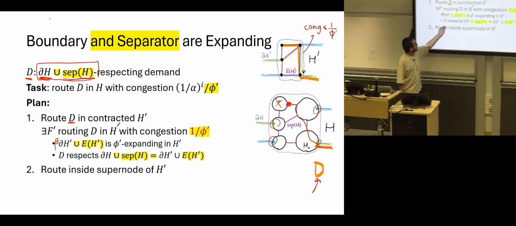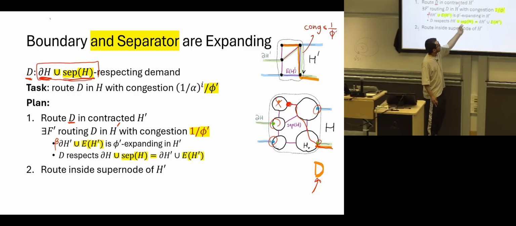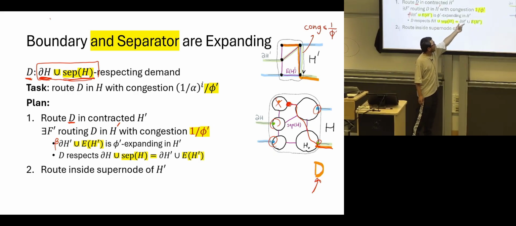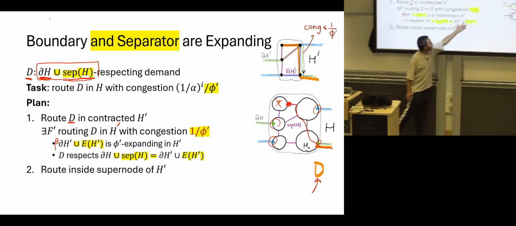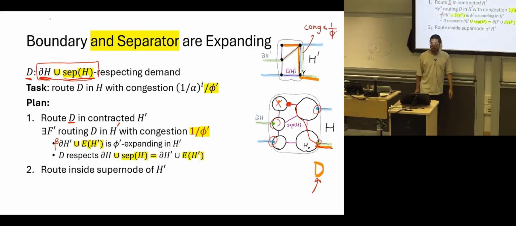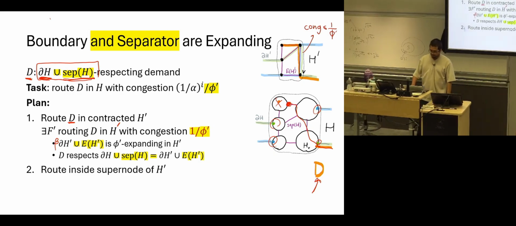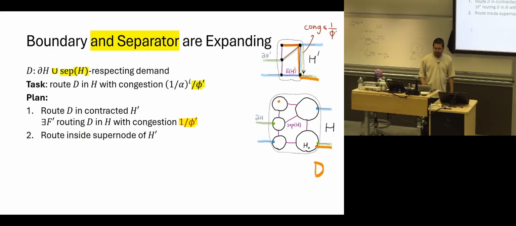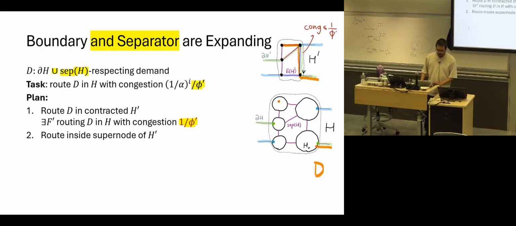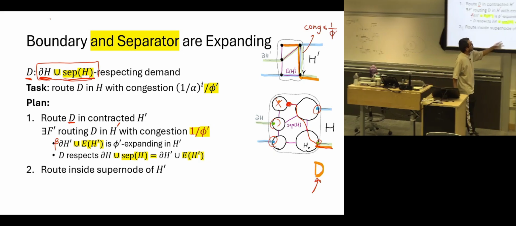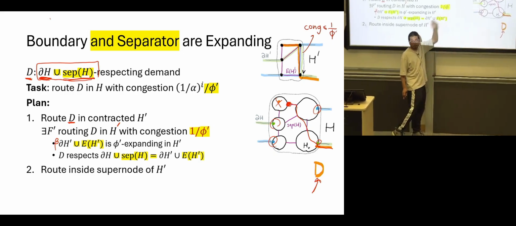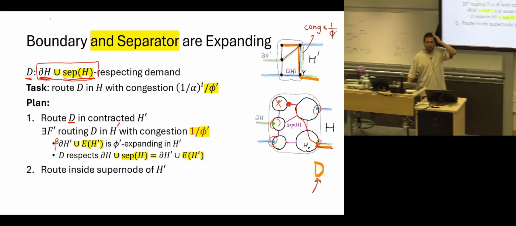So this demand just respects the battery of H prime and the H set of H prime, and this thing is phi prime expanding. Good. So we can route inside the contracted graph with congestion 1/phi prime.